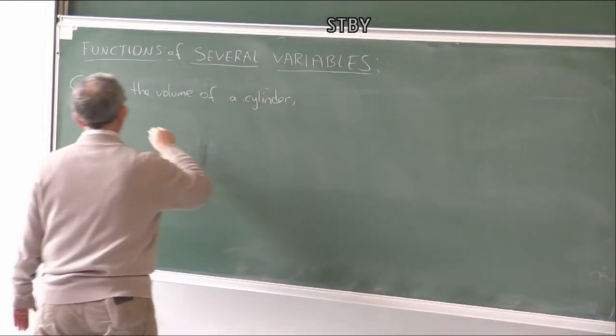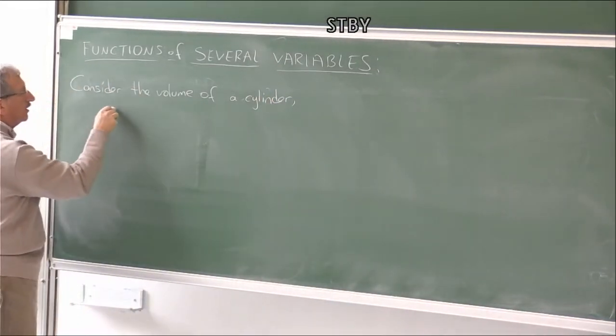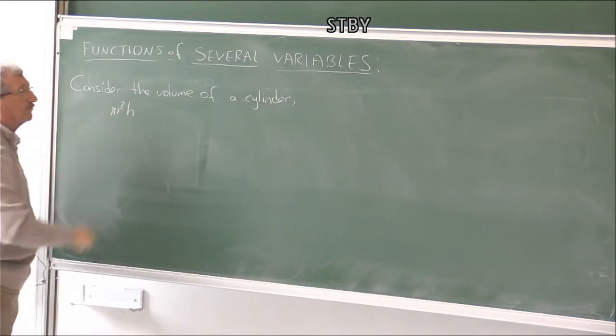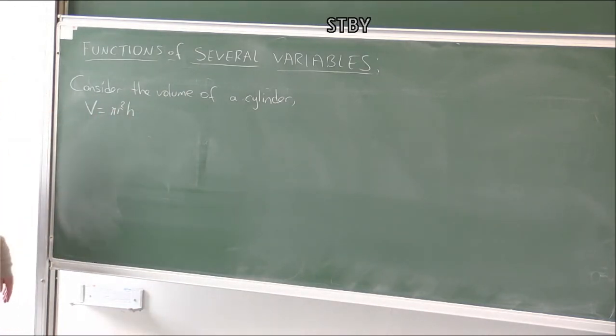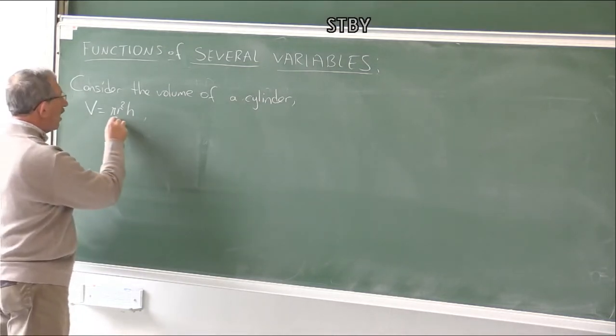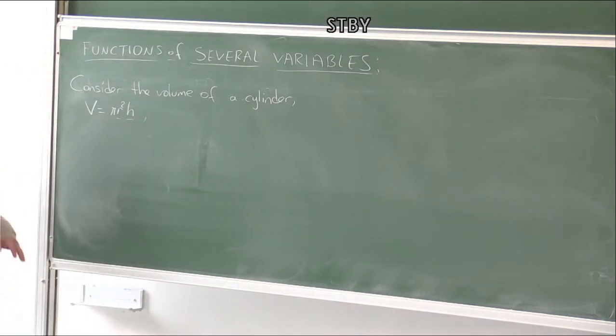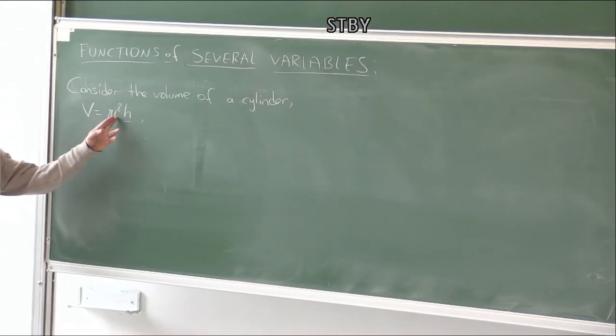Okay. Clearly, it is pi r square h. Well, that's volume. Now, here r and h are not dependent on each other.